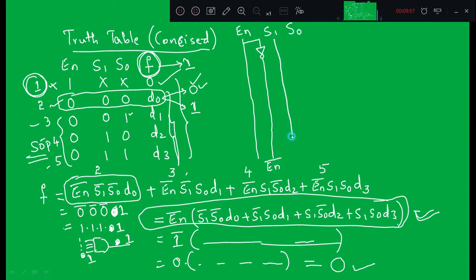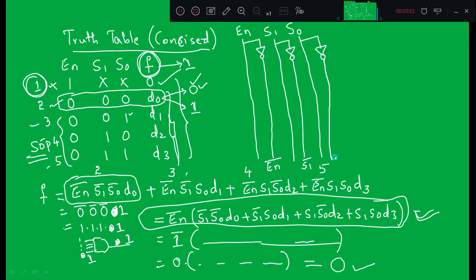Next is S1. I'll take its complement also because I need S1 bar. Then S0, I need its complement too, so I'll use S0 bar as well, right? So the first term is enable bar, S1 bar, S0 bar, D0. Where is S1 bar? This is S1 bar.